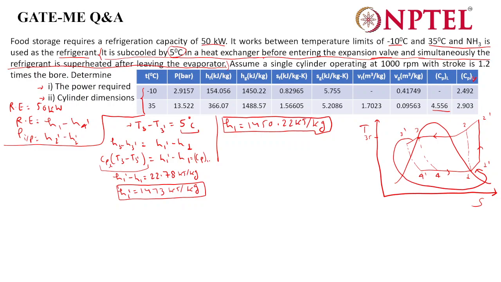Here Cp of vapor, which vapor? This vapor or this vapor, upper or lower? At minus 10 degrees centigrade. This Cp of vapor you have to use.